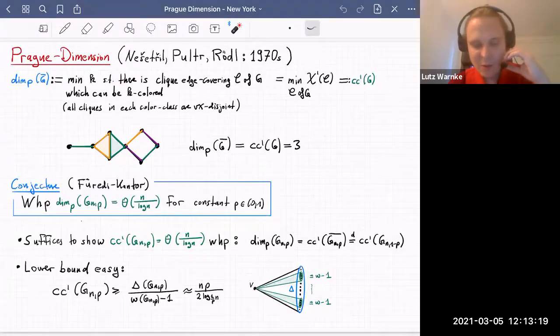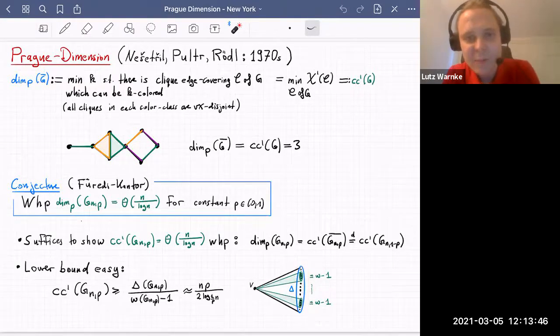Okay, and so we require that all these cliques which contain this vertex v receive different colors. So any clique that you put down can use up at most omega minus 1 vertices over here. So overall, to actually cover all these edges here from the neighborhood of v, you need at least delta over omega minus 1 cliques, no matter what you do, because any possible clique can kind of eat up at most omega minus 1 vertices from your neighborhood.